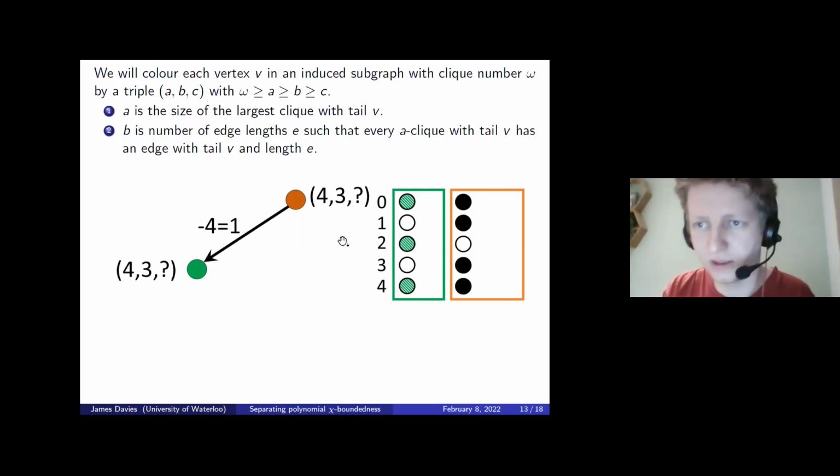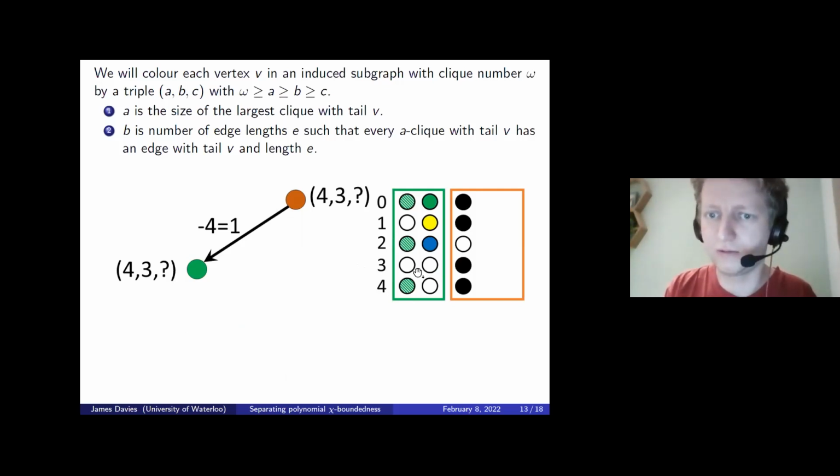Okay, and now we do a similar thing. We want to look at a different type of clique coming out of green. This time we'll look at a maximum clique not containing this 3. And again, we also just exclude the 4 that it must contain. So we get this triangle clique of type 0, 1, 2.